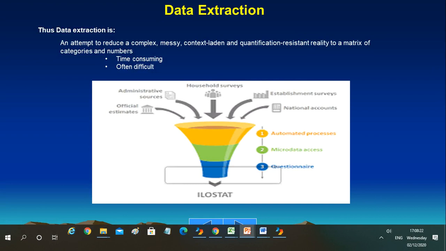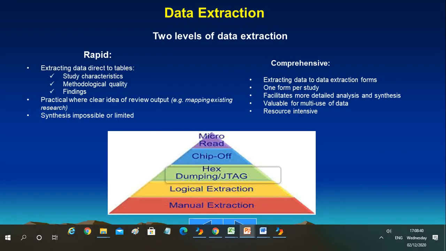Thus, data extraction is an attempt to reduce a complex, messy, context-laden and quantification-resistant reality to a matrix of categories and numbers. It may be time consuming and often very difficult. Now, two levels of data extraction are possible: rapid and comprehensive. Let's go one by one.